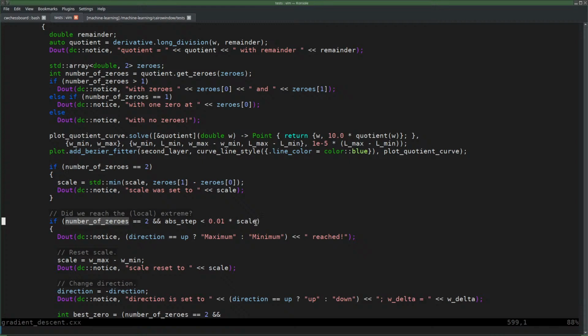But yeah, then I can do it if this is true. And then after I did it, check if you have 2 zeros. So I'm going to set scale to that value for now, initially.